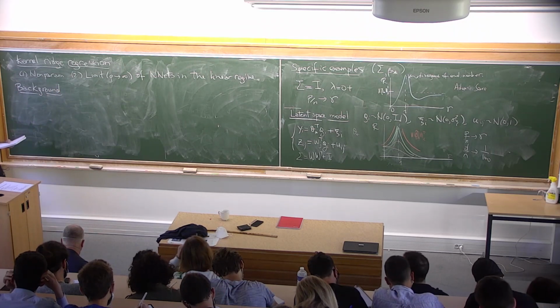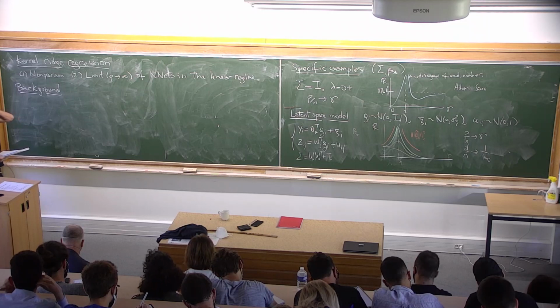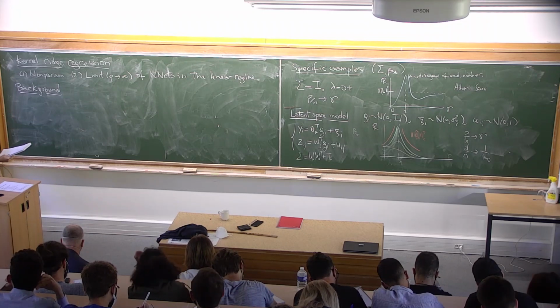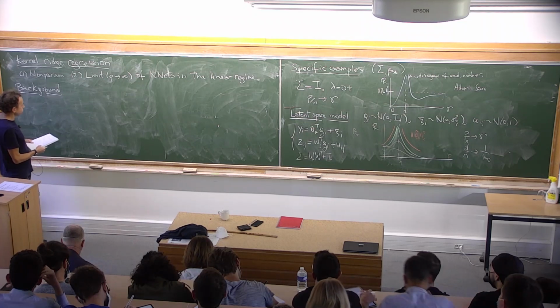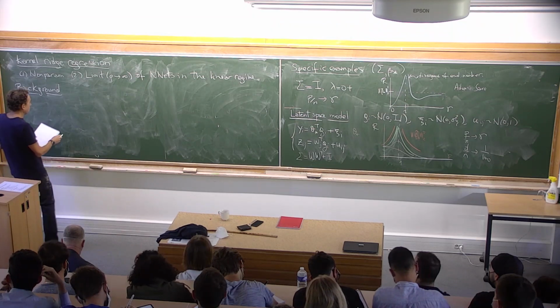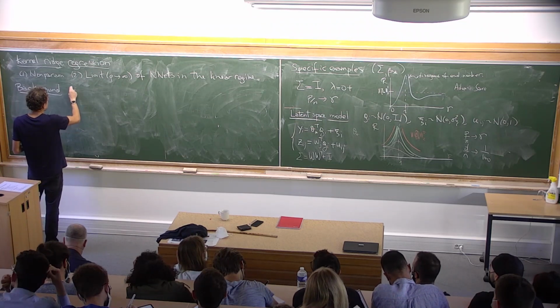I'll start with some background because I don't want to assume that you know about kernel ridge regression, but I will be quite concise. So what is kernel ridge regression?